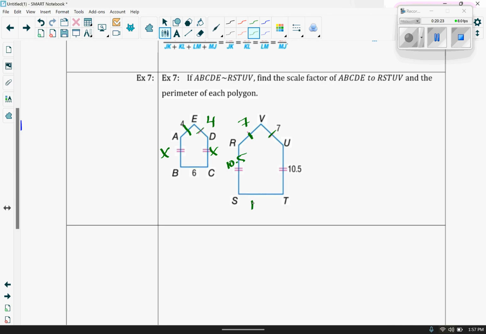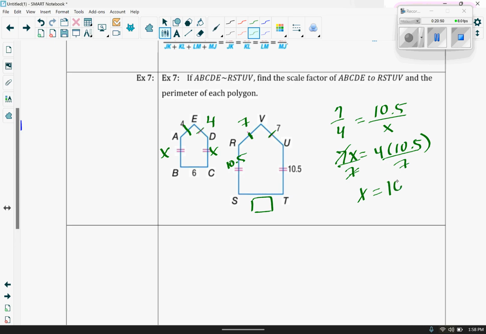Oh, and then we probably need to find this guy too. So 7 over 4 equals 10.5 over x. 7x equals 4 times 10.5 and divide by 7. So in this case, x equals 10.